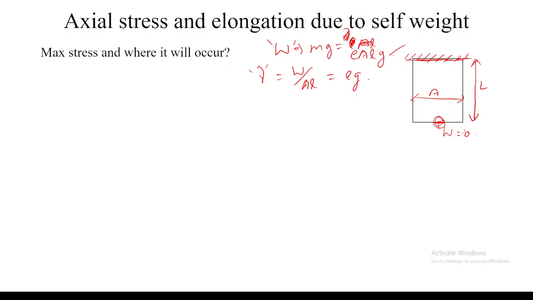So here the bottom fiber will be experiencing no load, zero, whereas the top fiber will be experiencing the full load, which is W equals M into G, which is nothing but gamma into A into L. Since I have considered gamma to be weight per unit volume.